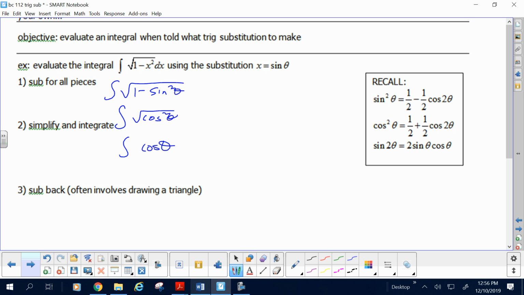So what is dx, please? dx is cosine theta d theta. So I actually do have a cosine theta d theta out here, and it's not quite as simple as I was making it sound. It's a little more complicated. This is actually why it's an advanced integration technique.